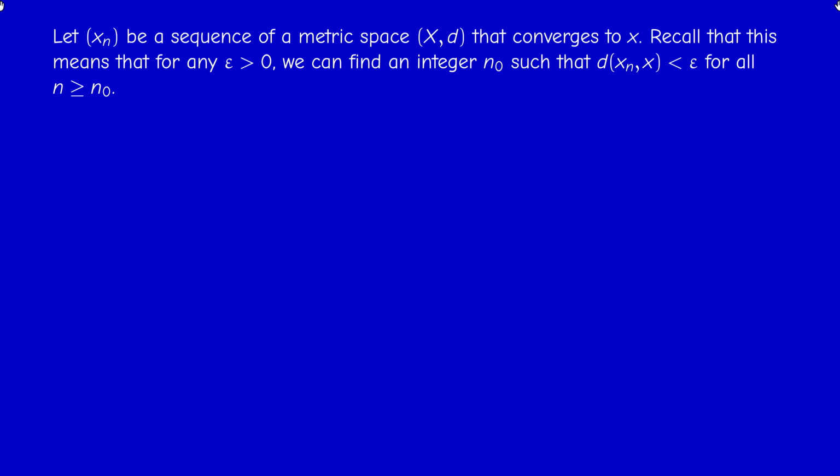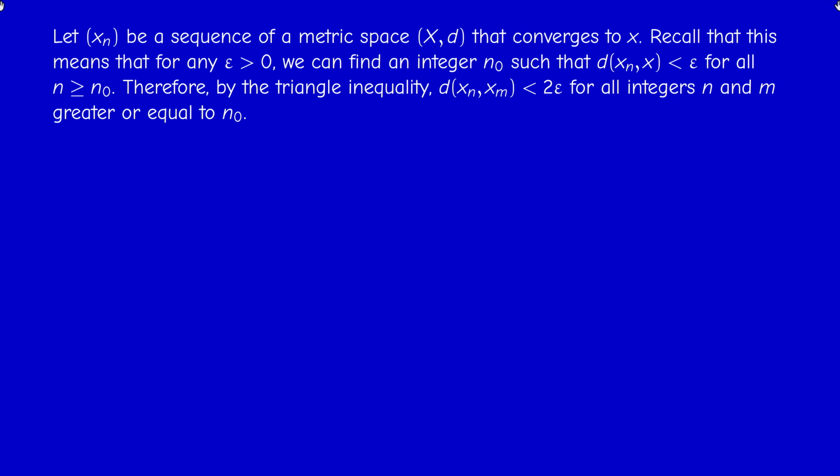So if we take two indices n and m that are larger than n0, then the triangle inequality implies that the distance between x_n and x_m is less than 2 epsilon, so it can be made arbitrarily small. If we wanted exactly epsilon here, we should have taken epsilon over 2, but this is not important.